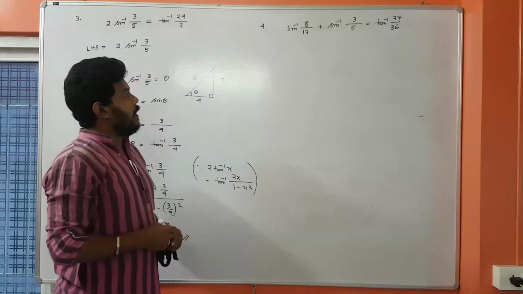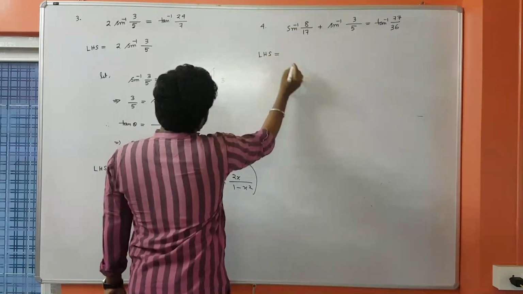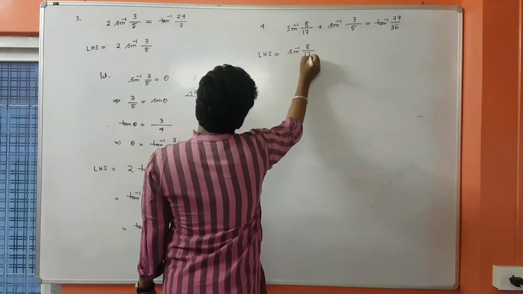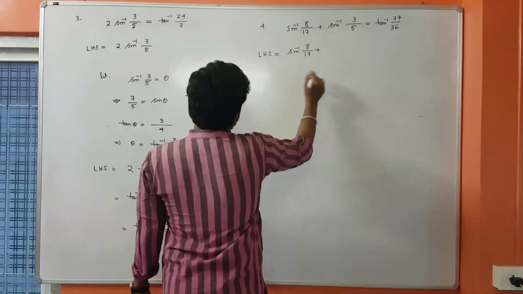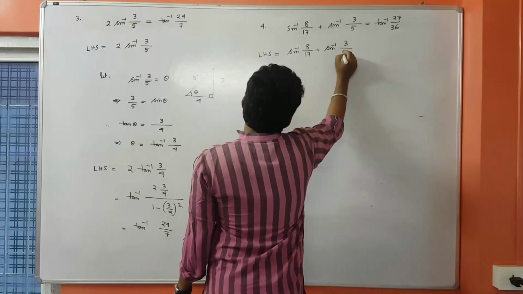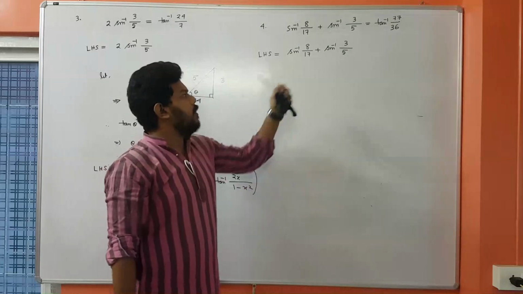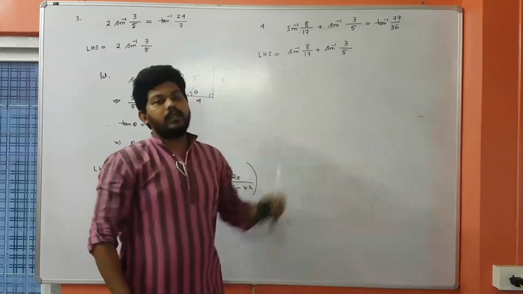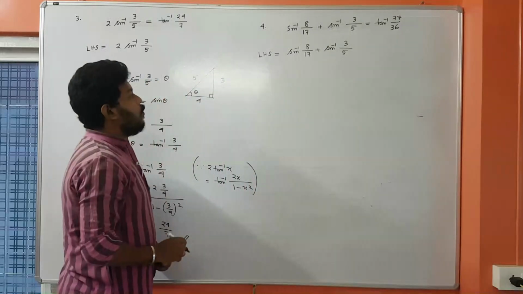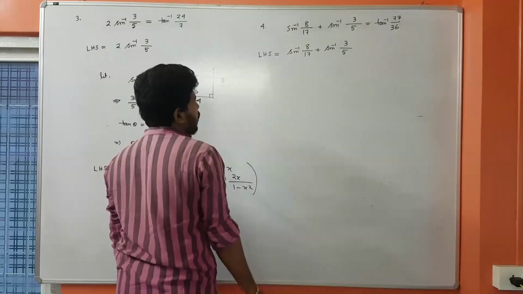Now, how to find this? Write LHS, you will get sin inverse of 8 by 17 plus sin inverse of 3 by 5. Sin inverse of 8 by 17 and sin inverse of 3 by 5, they both represent two angles in terms of radian. Now, how to find the required value tan inverse 77 by 36?